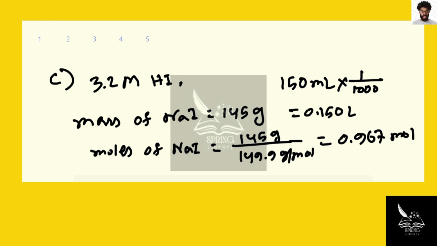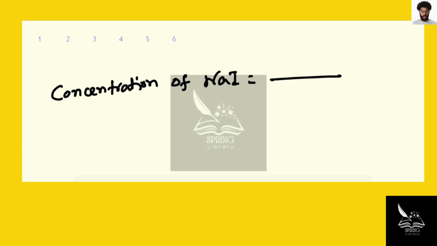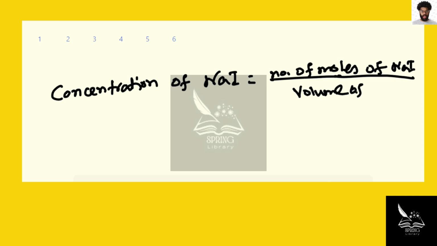Okay, so to find the concentration of sodium iodide, we have to put the number of moles of sodium iodide over the volume of the solution.